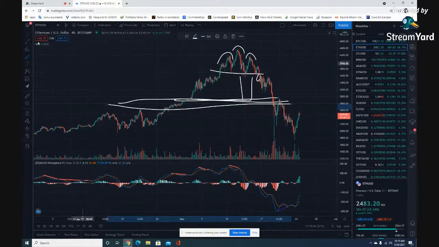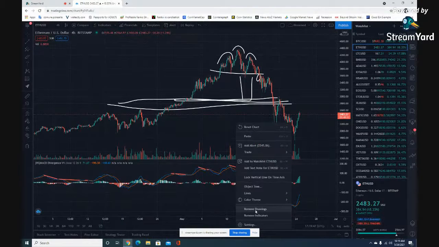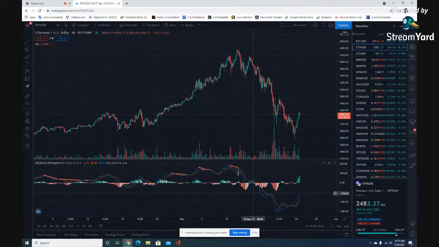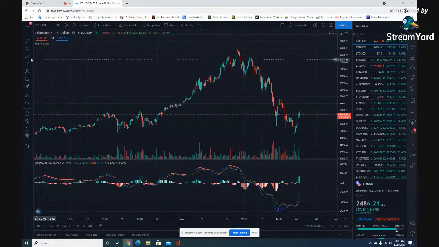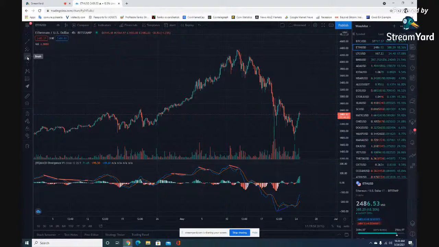You can see here that it was a nice probability of success. They often try to reclaim that, but they go back, hit their head and go back down. Perfect.